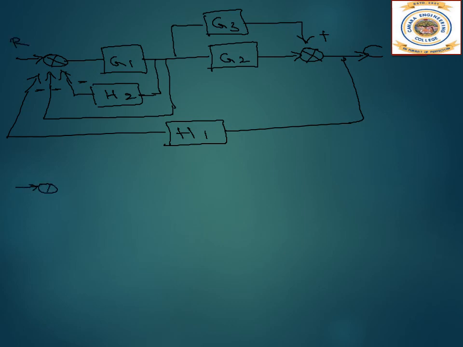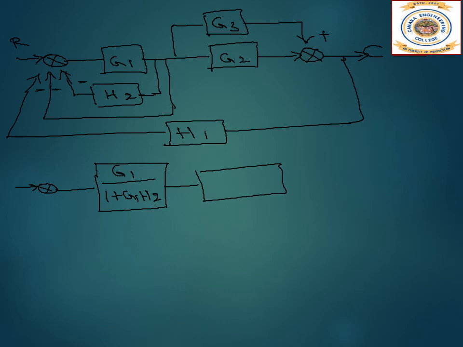So I can simplify this inner feedback loop first. G1 divided by 1 plus G1 H2, then this is parallel, so we can simplify this to G2 plus G3 here.